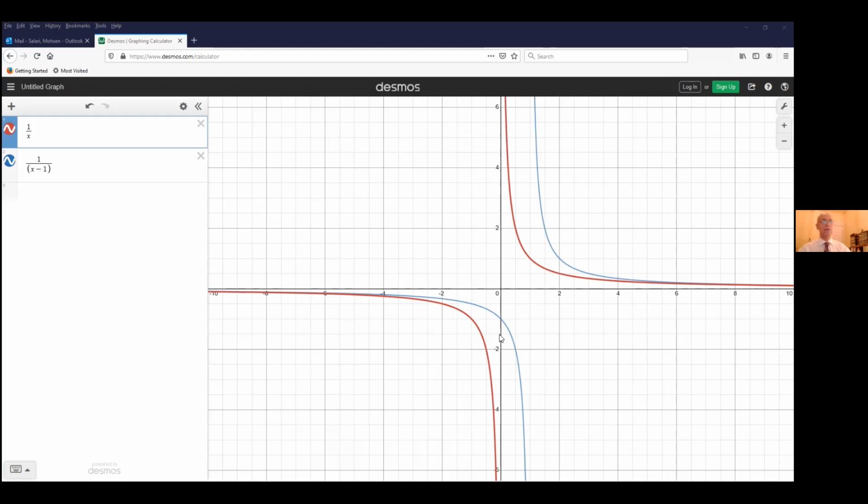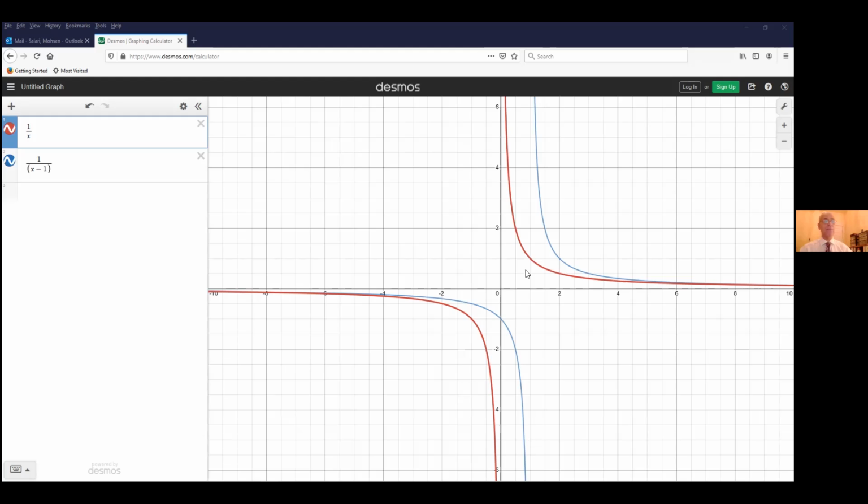And from the other side of 0, notice that for any value after 0, the graph of the red is above the graph of the blue. Let's say when x equals 1/2 right here. Look at it. The red is above this blue. When x equals 1/2, notice that the red is above this blue value, which is way down here.